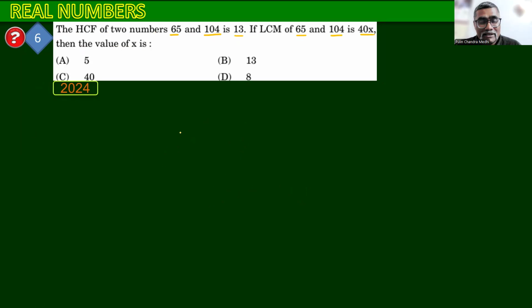See, I was telling you that theorem is very important, that the product of two positive integers is equal to HCF into LCM. They are repeatedly used. We got many questions of different types in the same year. So 65 into 104, these are the numbers. And what is the HCF? It is 13. What is the LCM? 40 into x. Now I need to find the x.